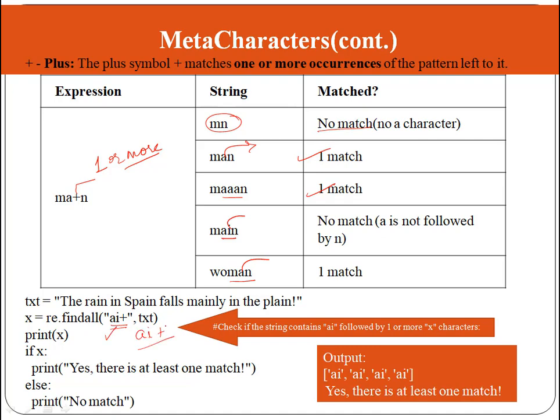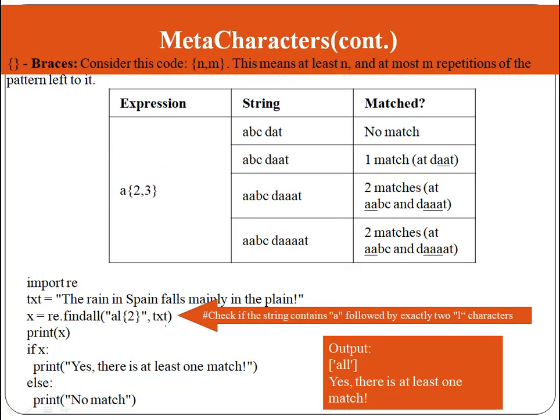This is the pattern you have defined over here, and you have written re.findall. Then braces, right? So in braces you have mentioned this. What is this? This is the syntax n comma m. This means at least n and at most m repetitions of the pattern left to it.